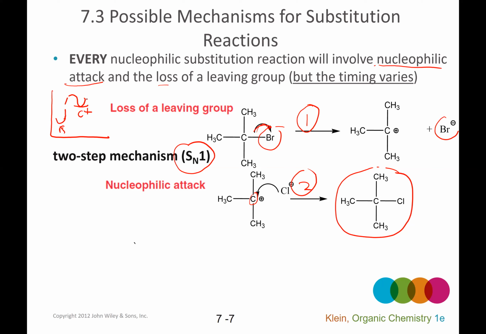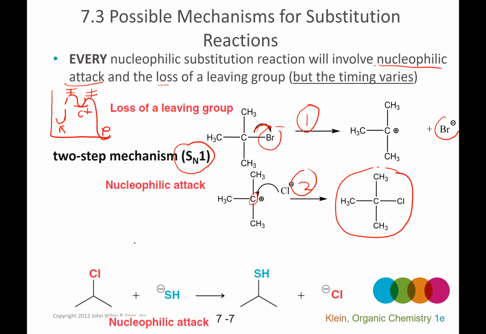And that carbocation would react with the nucleophile to give you the product. That's an SN1 reaction. Two steps, two transition states. Okay. The other mechanism, which is more important really, is the one where both processes occur at the same time. So you get nucleophilic attack.